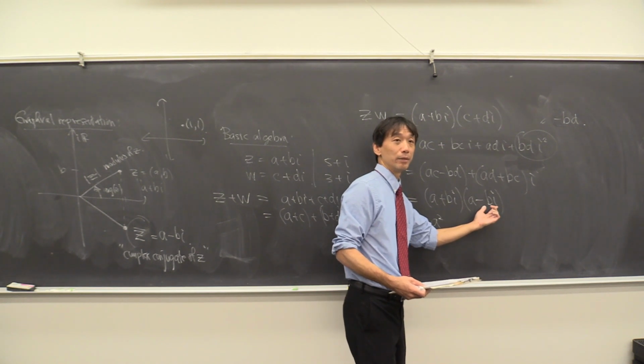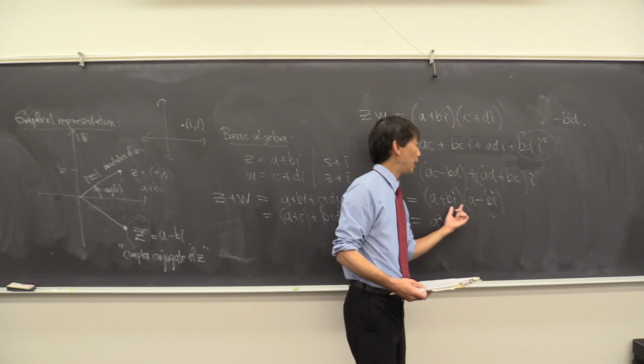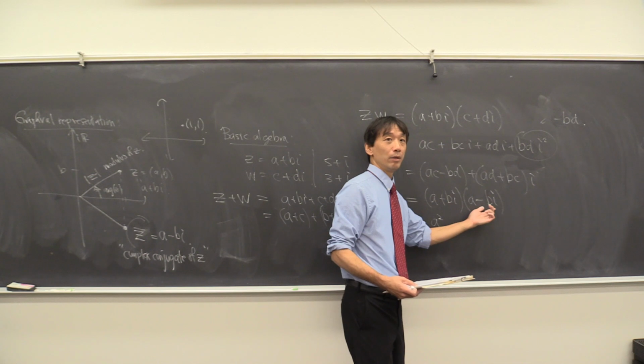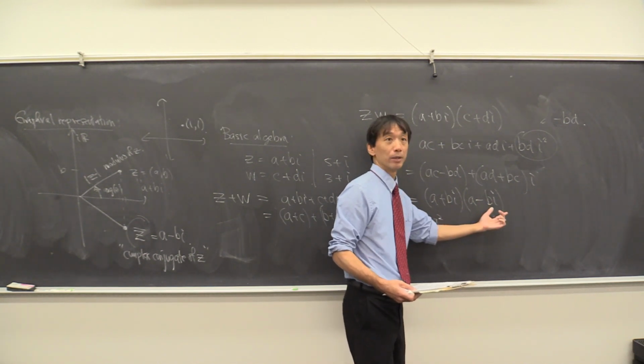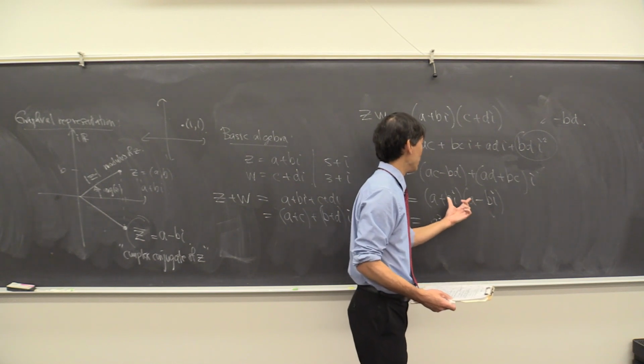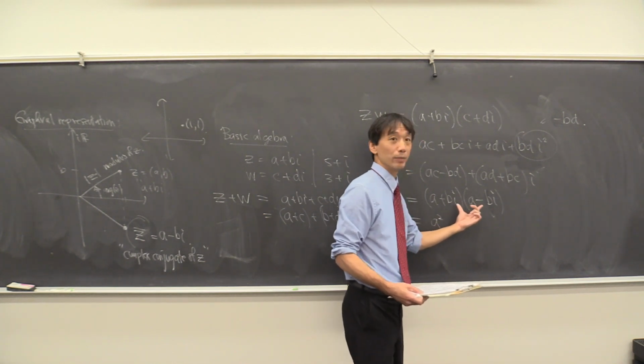What's that? BI times negative BI. Well, we get negative B squared I squared.